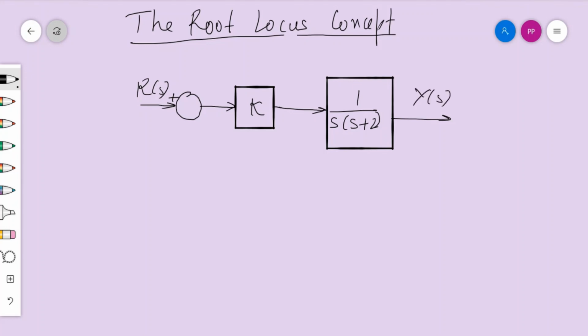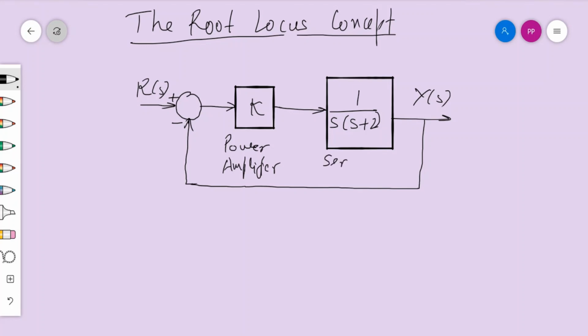So we are considering it as a position control servo with unity feedback to the system. So let us consider the negative unity feedback. So this is the power amplifier simplified. Then this is the servo motor and load.